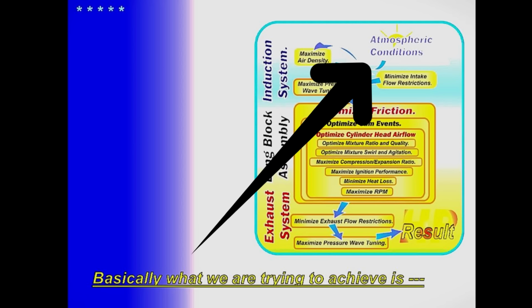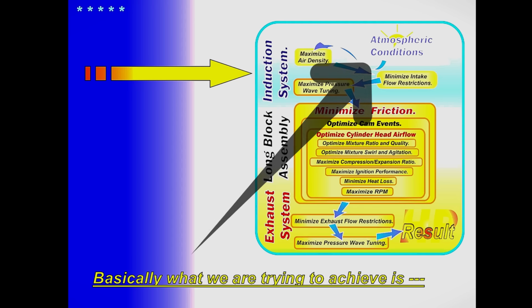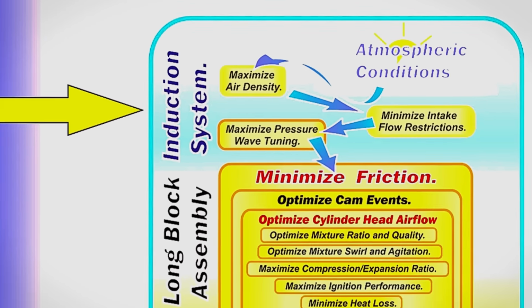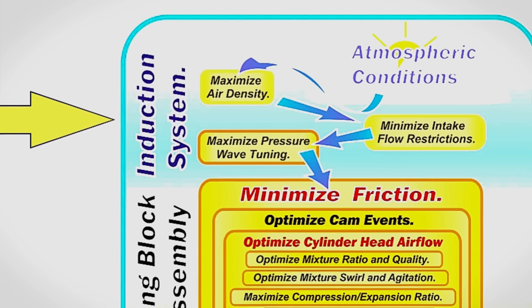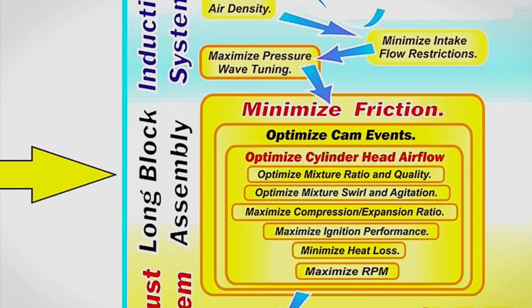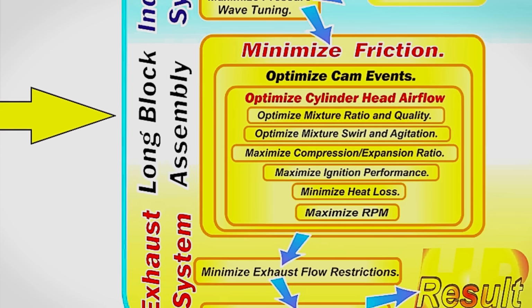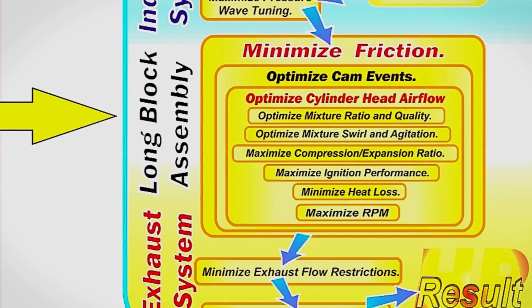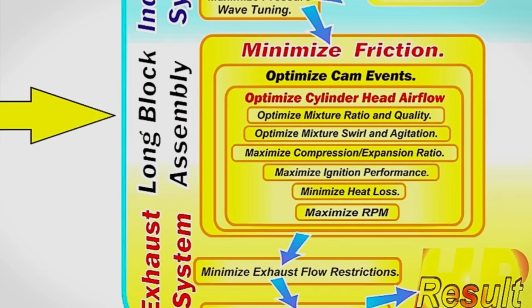From there, you can see the induction system goes through various stages, as you can follow the arrows around, down to another box labeled the long block assembly. Now, basically I'm considering pushrod engines here with a cam in the block, but you can relate that also to overhead cam engines.